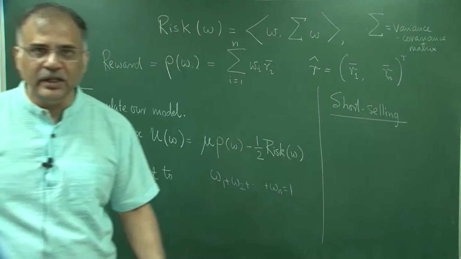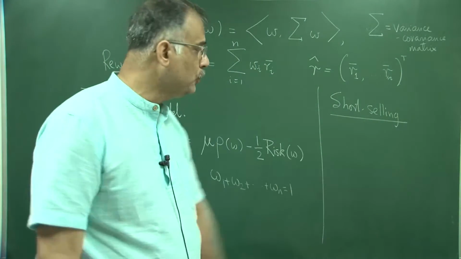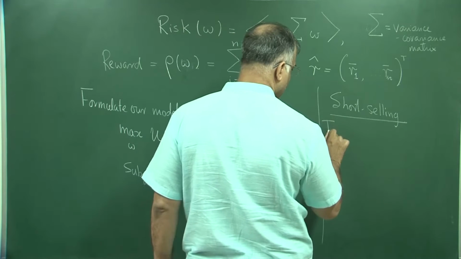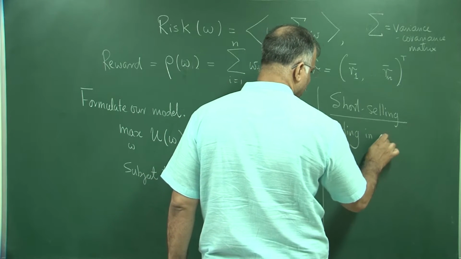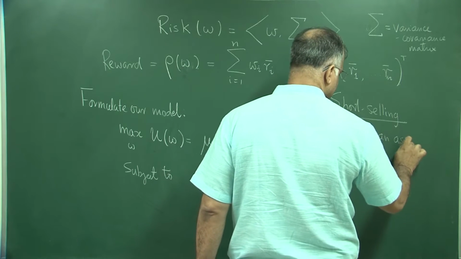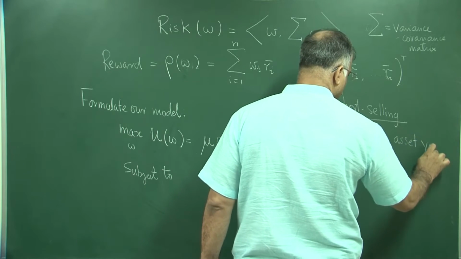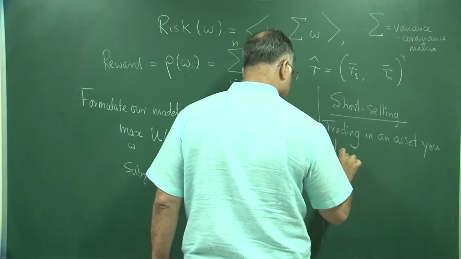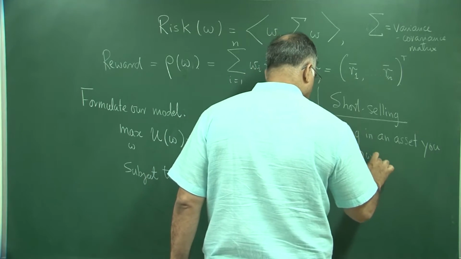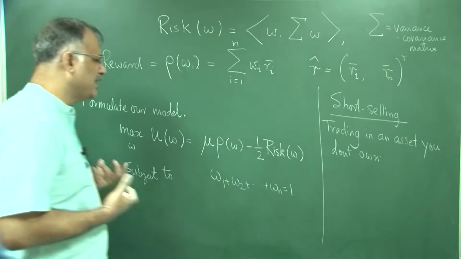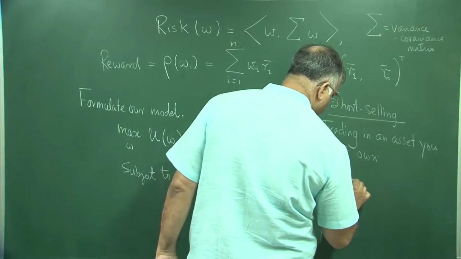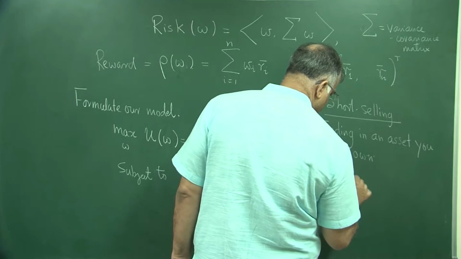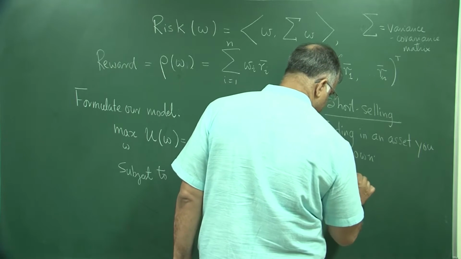Short selling means that you are trading in an asset which you don't own. Suppose you take one asset from a broker, say asset number 2.